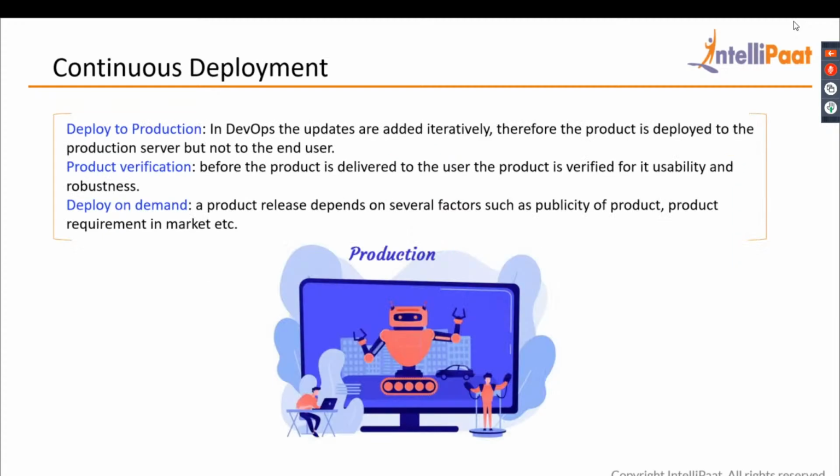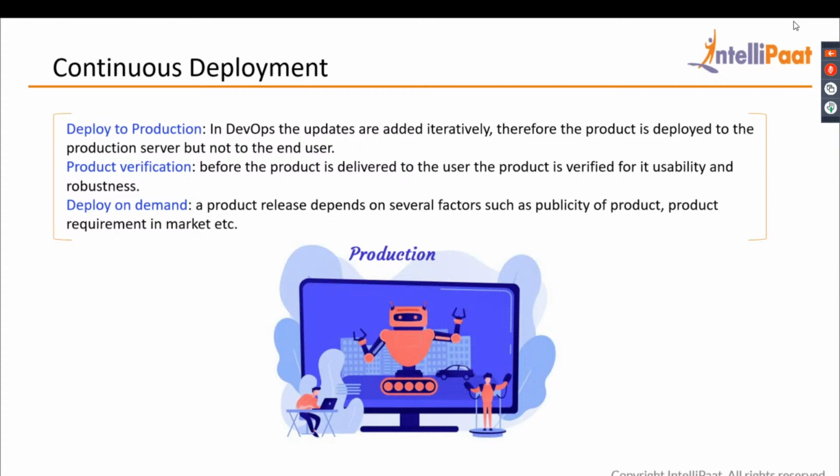And then continuous deployment. So first thing, deploy to production. Whenever the testing is final and the product is ready to release, it is pushed into production and released. Therefore, the product is deployed to the production server, but not to the end user. This basically means the application is running on the production server, but not yet available for public use.